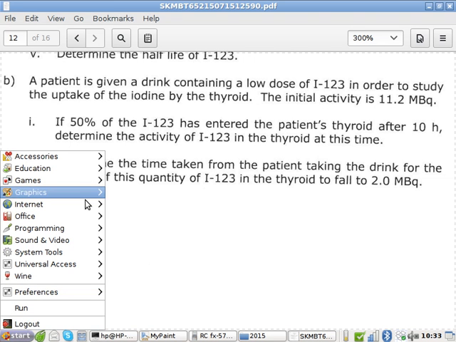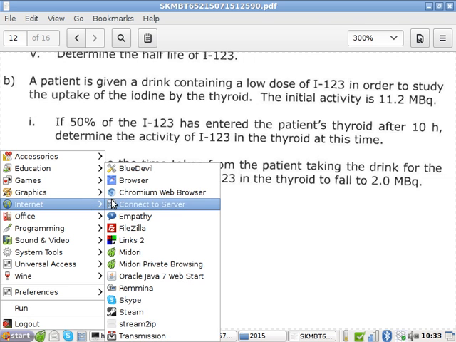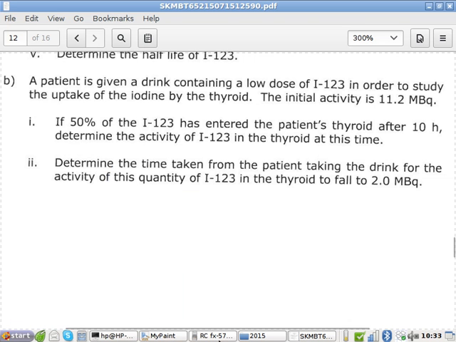Or maybe a quick Google might give it to you there, decay constant of iodine 123. Does it list it? Oh, it's on Wikipedia.